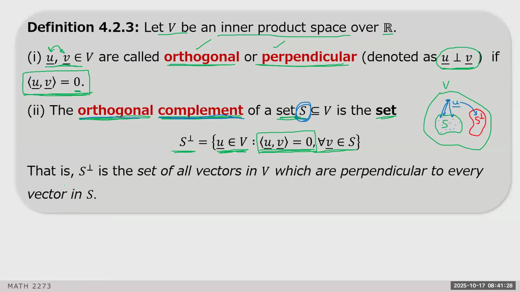So S perpendicular, or the orthogonal complement, is the set of all vectors in V which are perpendicular to every vector in S. And I think there may be an assignment question later on showing that the orthogonal complement is not just a set, it will end up being a subspace. But that's something you have to prove later on.